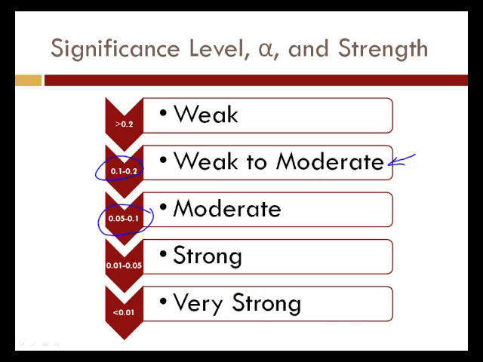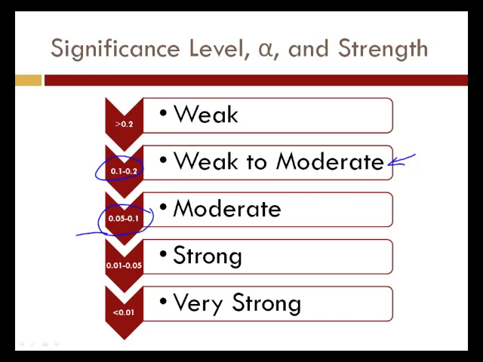Then this one you'll see pretty frequently. It's not the most common one, but if you're between 0.05 and 0.1, which means 5 to 10%, a good deal of people say, yeah, that's okay for me. I don't need less than 5%, 5 to 10% is okay for me. So that's what we consider moderate.